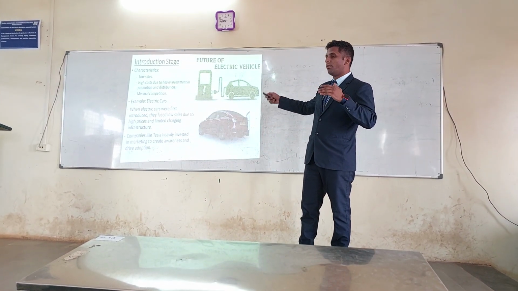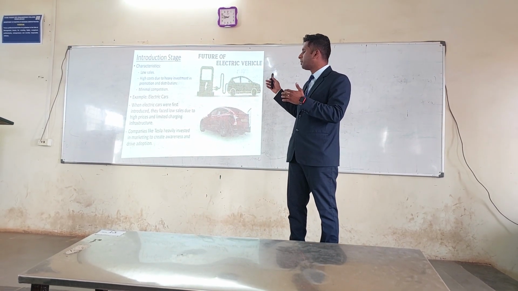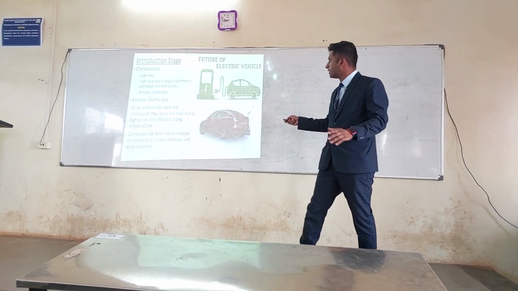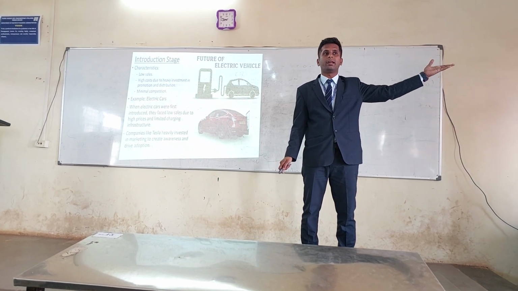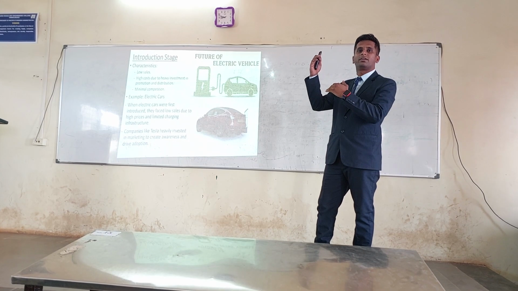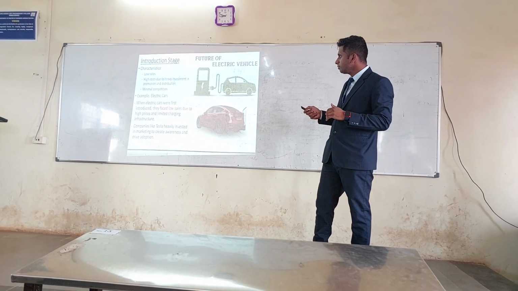Okay, and once it came into the market, people started acknowledging it, and now so many other companies are there. Now it is in the maturity stage. Why? Because Tata came. So many electric vehicles have come into the market right now. So once the competition increases, the cost will automatically decrease in the market.